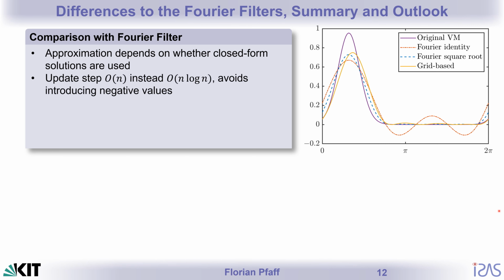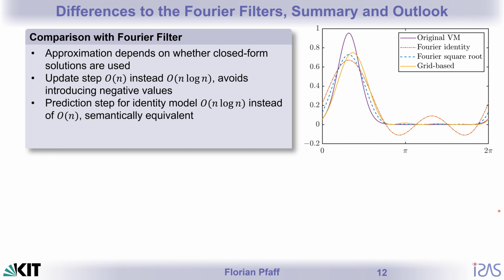So the update step of the grid filter is in O of n instead of O of n log n for the Fourier filters, and it avoids any risk of introducing negative values in the update step there.